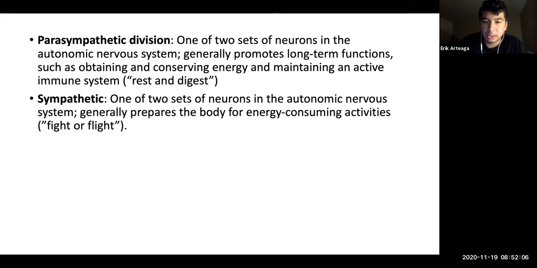One of the two sets of neurons. It generally prepares the body for energy consuming activities, fight or flight. Okay, and this is going to be important, right, when we activate the sympathetic nervous system with adrenaline, this will stop the parasympathetic nervous system, right? So adrenaline kicks this off.